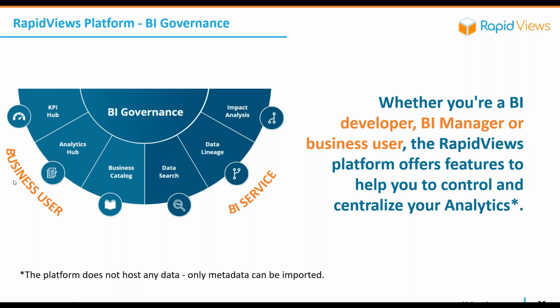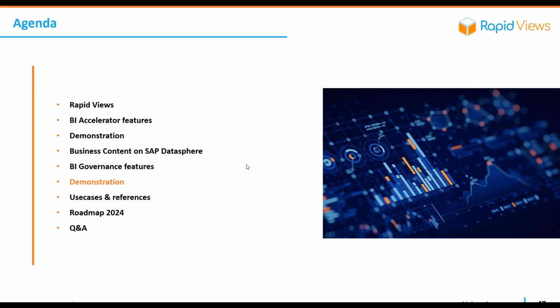For the business users, we have this concept of business catalog, where you can see all different reports and KPIs per process. We talk about Analytics Hub and KPI Hubs. And for the BI manager, we have functionalities like search, data lineage, and impact analysis.